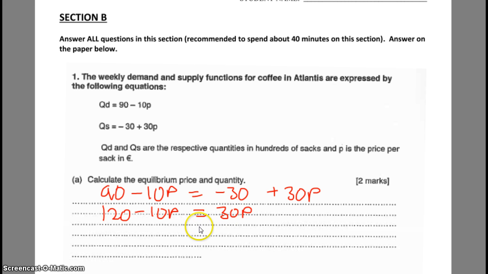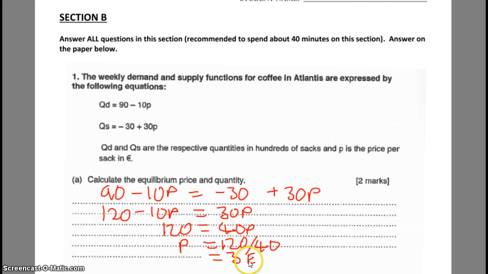Then we add the 10p to either side. So we've got 40p and 120, and then we divide both sides by 40 to leave us with the p. So 120 divided by 40, and that will leave us with €3.